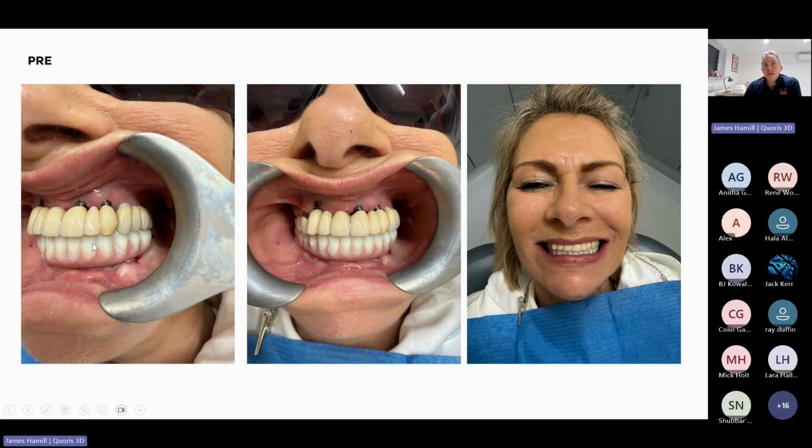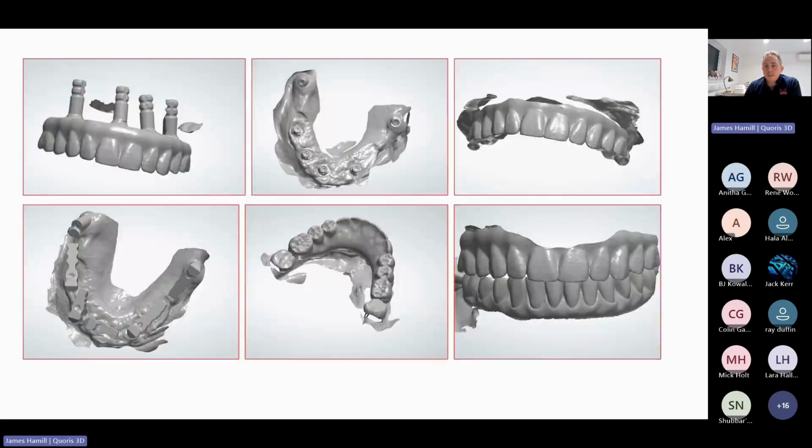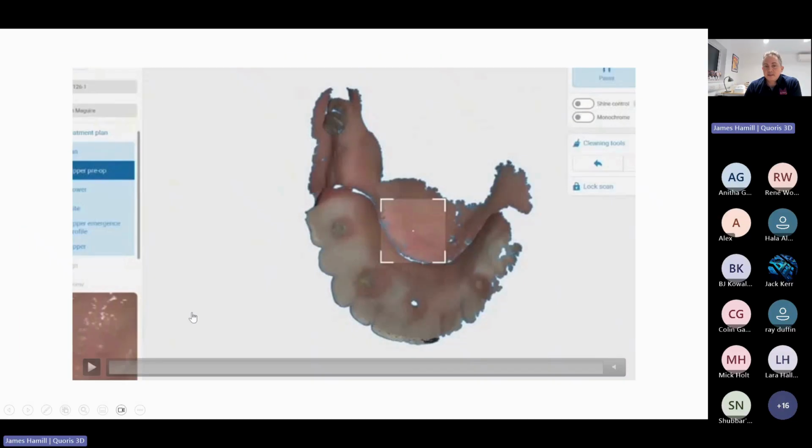The implants all came out in one day, new implants were placed, and she went through sitting in her temporary. These are the 6 scans: the 360, the soft tissue, the bridge in situ, the opposing, the bite, and the iOS scan of the scan flags.